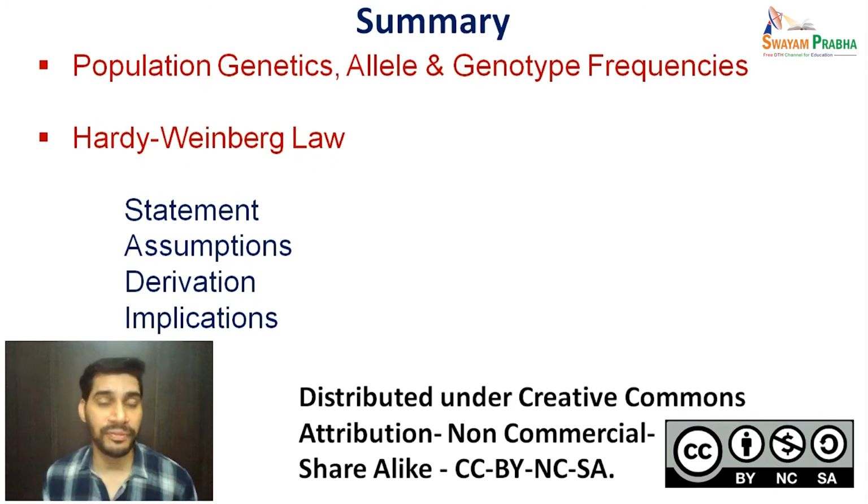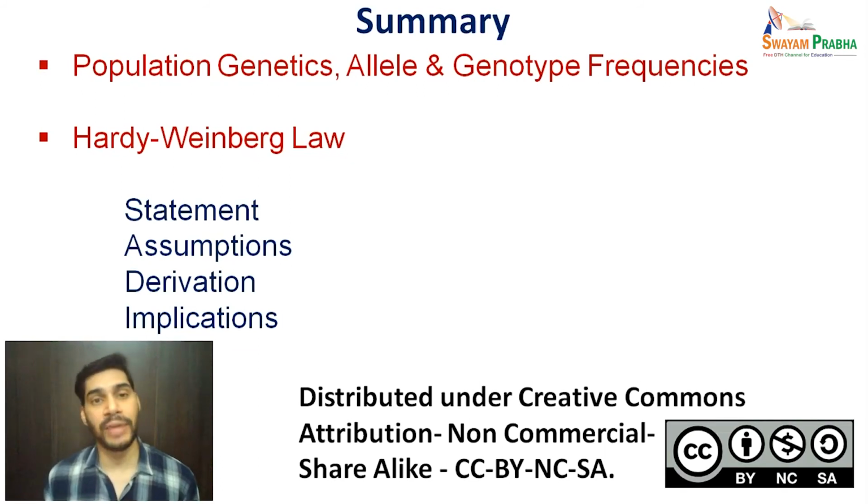Now with this brief idea about various evolutionary forces in a quantitative way, let's quickly summarize what we did in this lecture. We started with what population genetics is. Then we discussed the genetic structure of population in terms of allelic frequencies and genotypic frequencies.